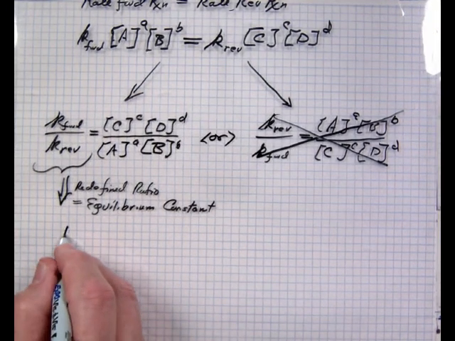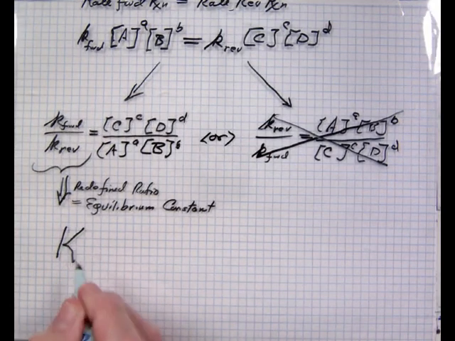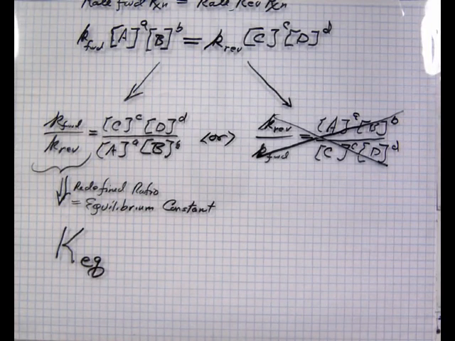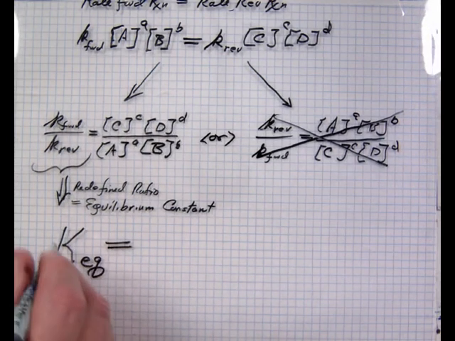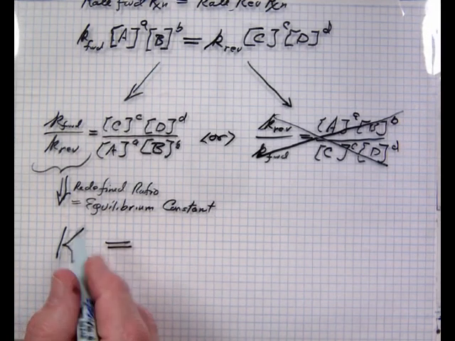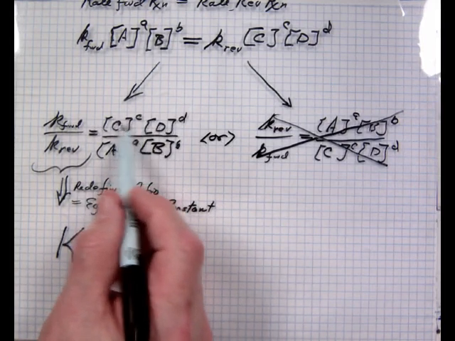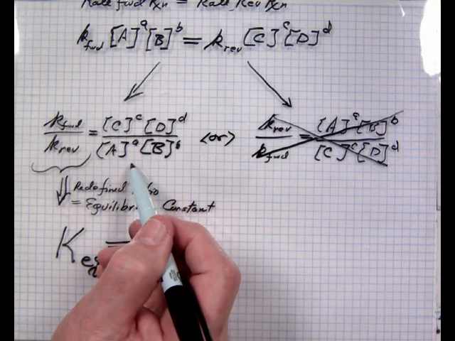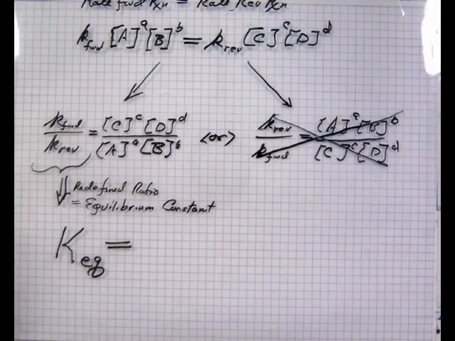It is represented by a capital K with a subscript EQ. And for any reaction being in an equilibrium condition, the equilibrium constant is equal to the product of the concentration of the, see, we got products up here, divided by the product of the concentration of reactants raised to their respective coefficient powers.